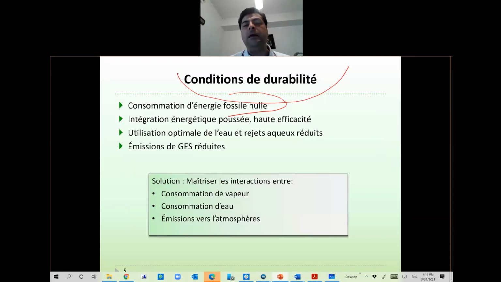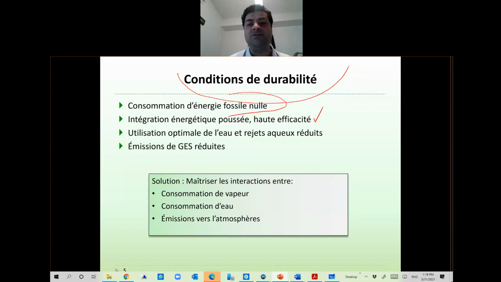And as I said several times today, we want to have an energy efficient system so that the process benefits from a heat integration situation, and we have the best situation of heat exchangers with minimum utility consumption.